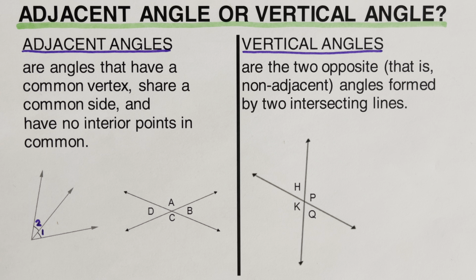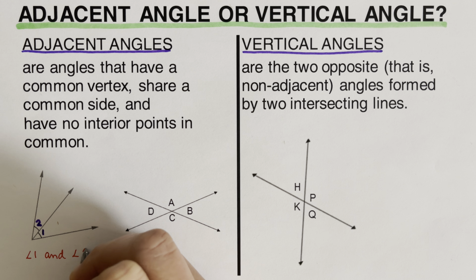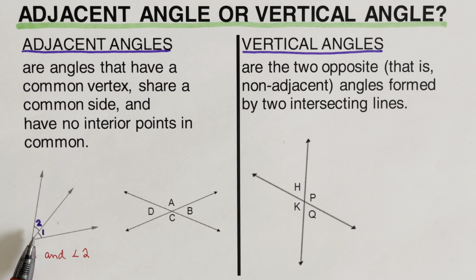The other word for adjacent angles is that these are the angles that are next to each other. So we can say that angle 1 and angle 2 are adjacent. They share a common side. This side right here is shared by these two angles.